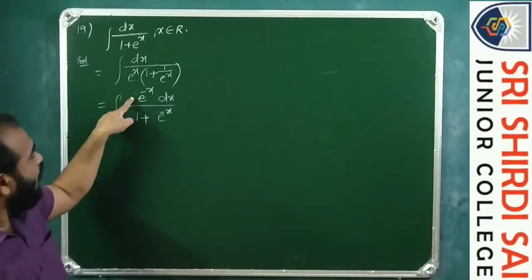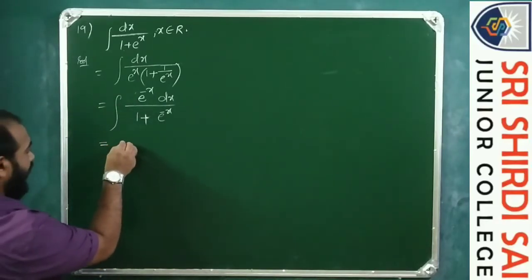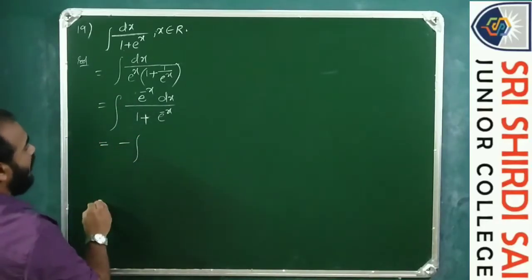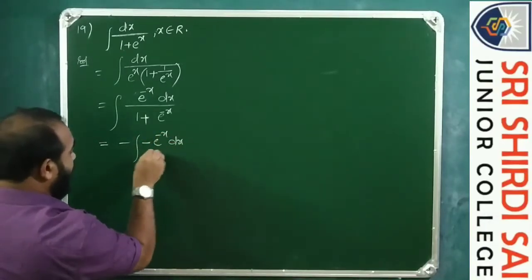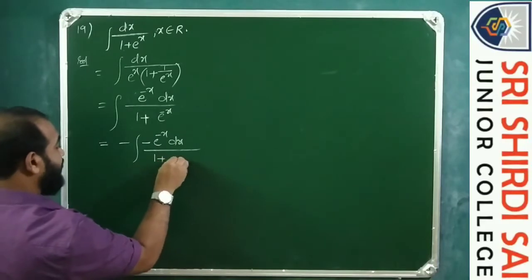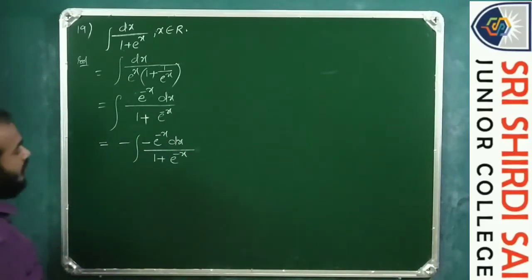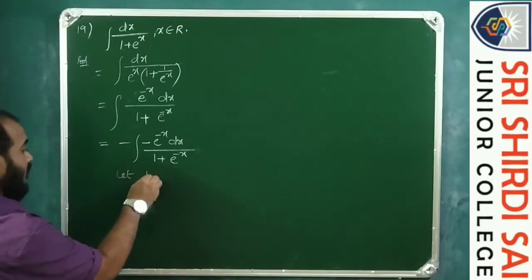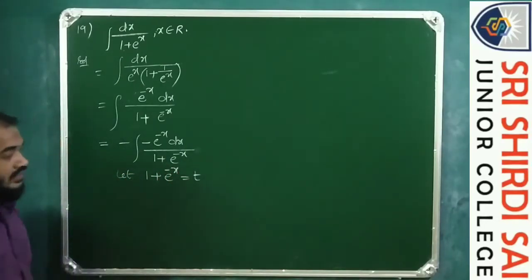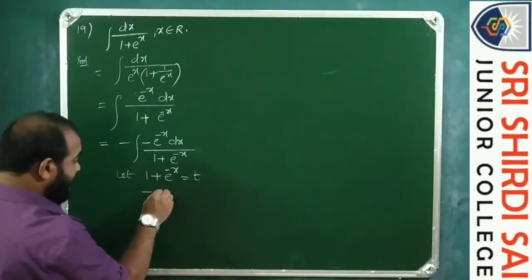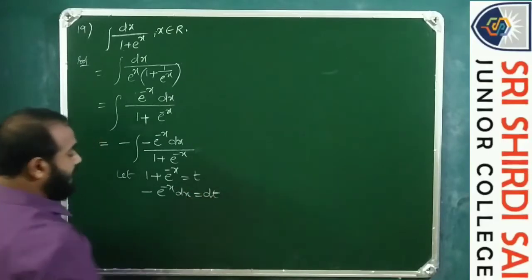Here we don't have the minus, so without loss of generality we will write it as minus of minus e power minus x dx by 1 plus e power minus x. So let 1 plus e power minus x equal t. Then minus e power minus x dx is equal to dt.